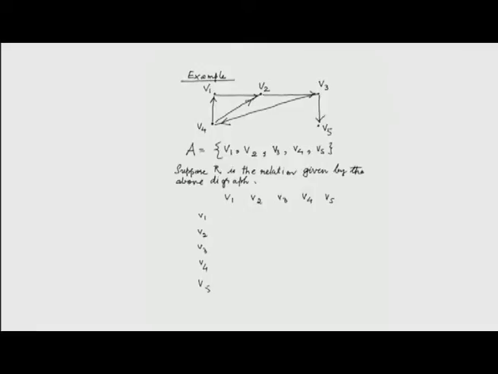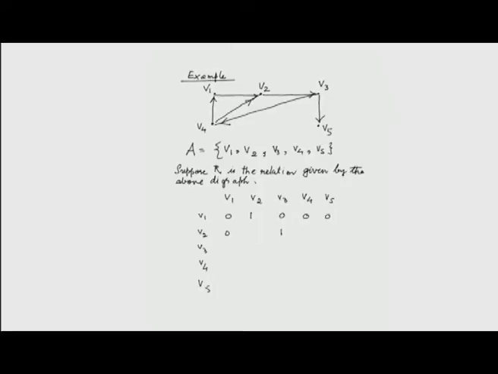See, V1 is related to V2, therefore, I put a 1 here, and V1 is not related to anything else, therefore, I am free to put 0 in all the other places. Now, let us look at V2. V2 is related to V3, so I put a 1 there, and otherwise V2 is not related to anything else.